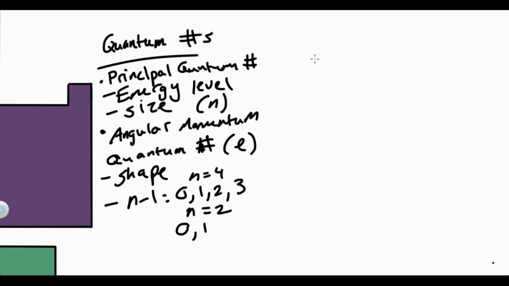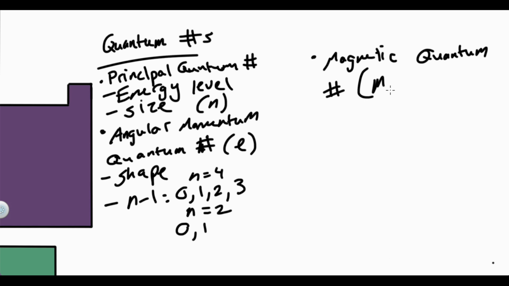Then we have the magnetic quantum number. Okay, and that's going to be M subscript cursive L. And that's just going to be equal to 2L plus 1.